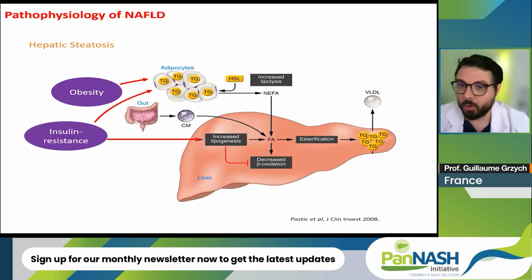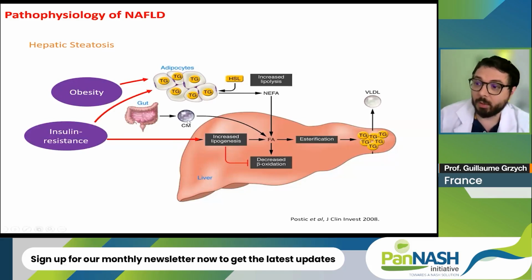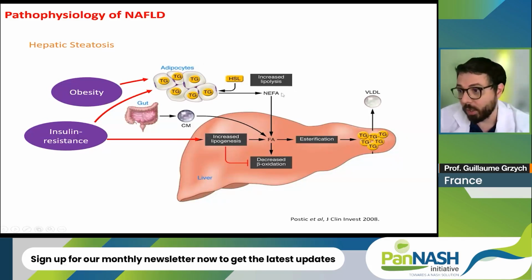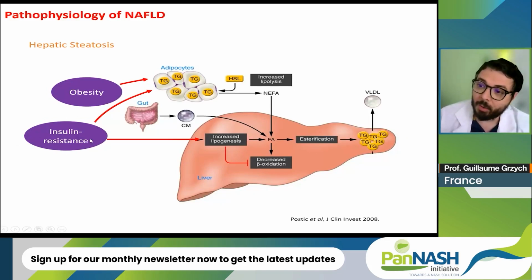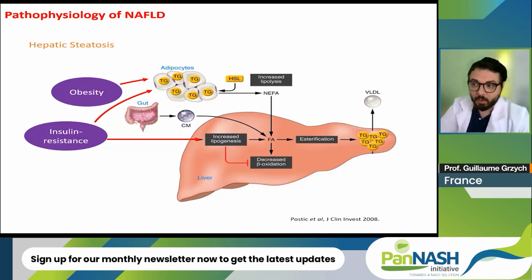You also have another component, which is insulin resistance, with diabetes for example. In case of insulin resistance and diabetes, you have an increase of adipose cells, increased lipolysis and accumulation of triglycerides. With insulin resistance, you also have an increase of lipogenesis, hepatic lipogenesis. So you make a lot of fatty acids in the liver.